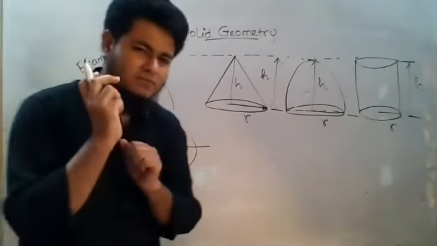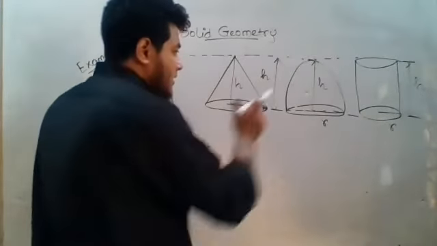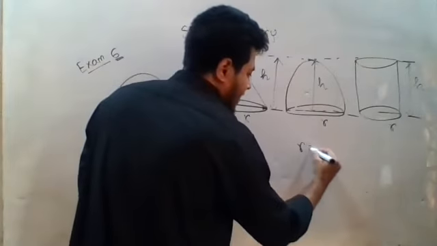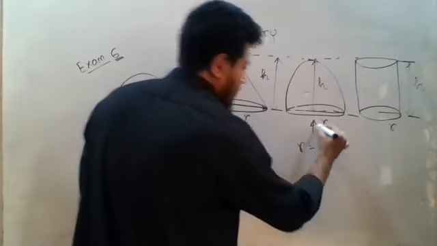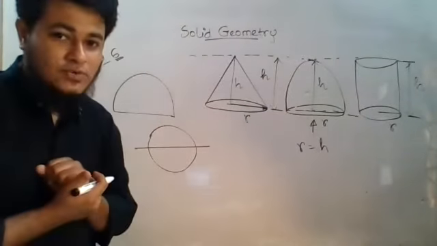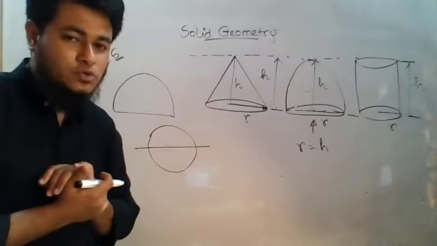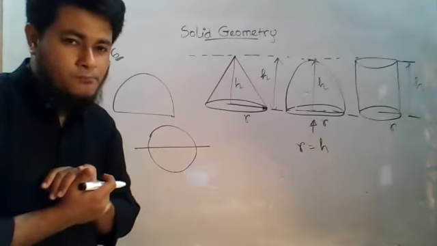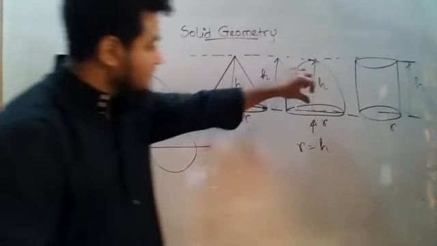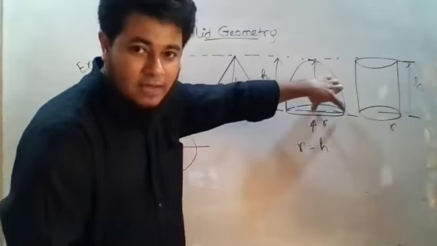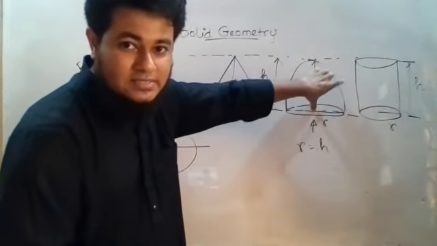But if you think a little bit, can I write r is equal to h for this circular cone? For this hemisphere, can I write r is equal to h? Yes, I can write it, right? Because this is the center, and up to the circle, this is the radius, and this is a semi-sphere.